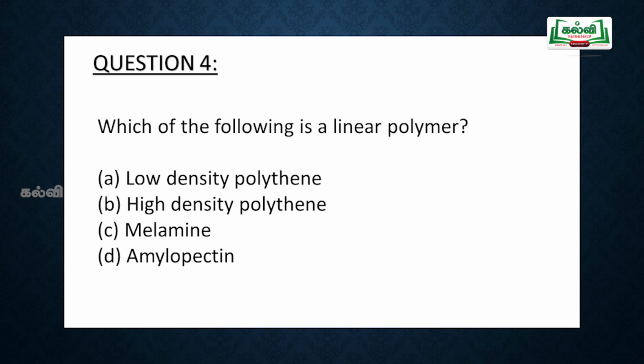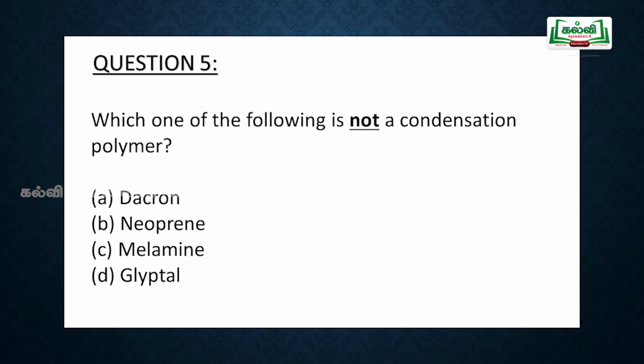Then, which one is not a condensation polymer? This is an important question. You know very well the classification and preparation of polymers. Polymers can be prepared by 2 methods: addition polymerization and condensation polymerization. I told you the condition for each. Addition polymers are formed by monomers having a double bond or triple bond.